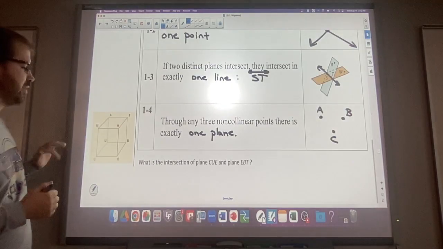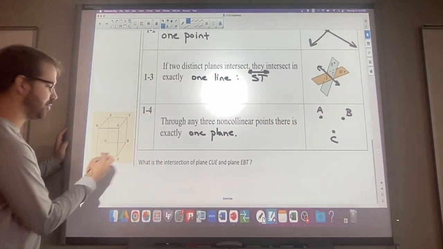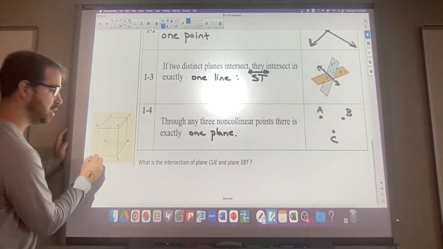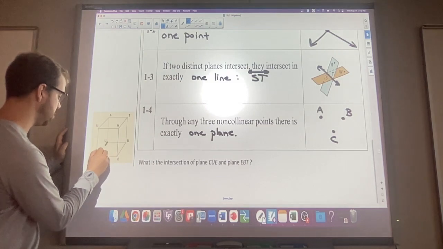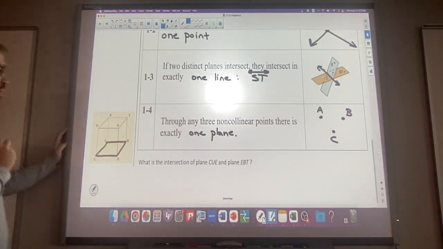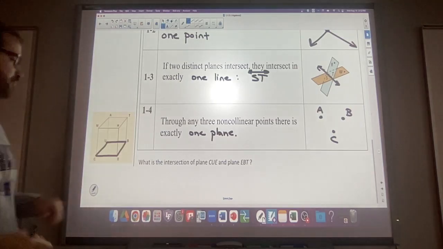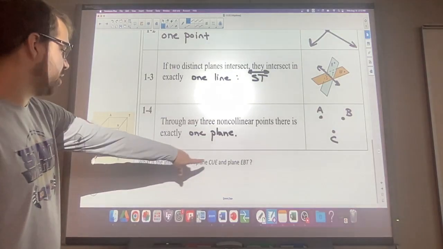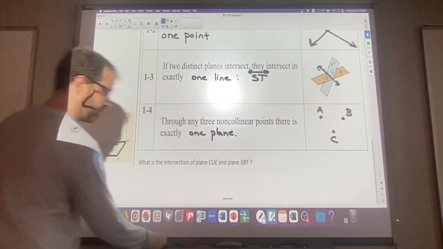So let's think of it that way now. So if we have C, U, and E, plane C, U, and E, so C, U, E would contain this plane right here. That would be the bottom of the cube. And plane EBT, I'll do a different color.